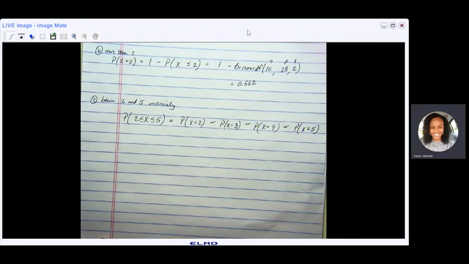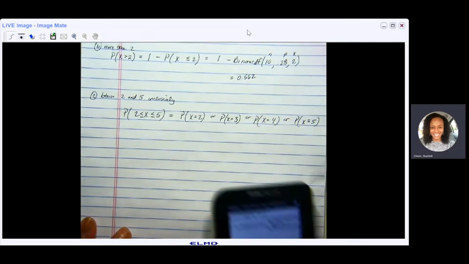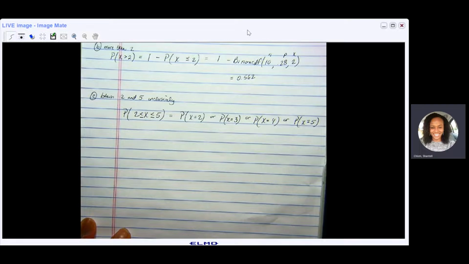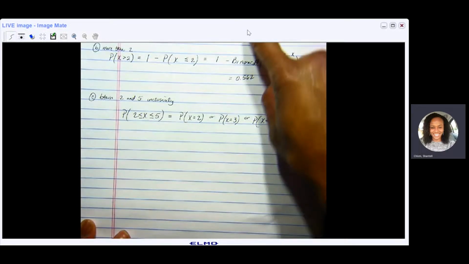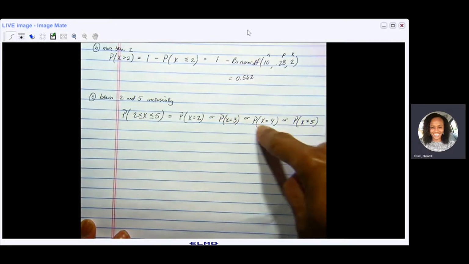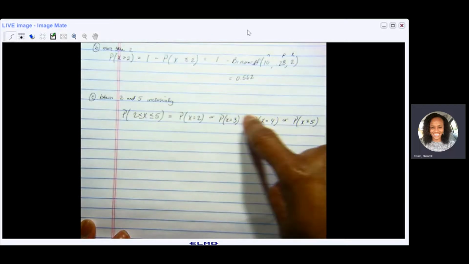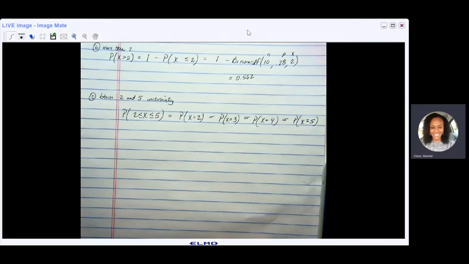So what that means then is that we would have to either use the formula or use binom PDF repeatedly for each of these 4 values and then add them up.